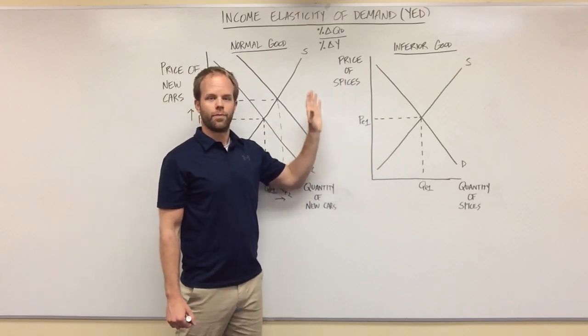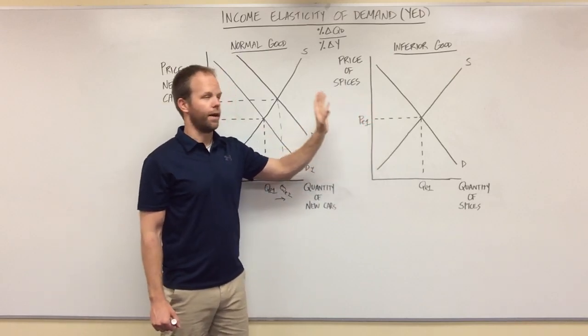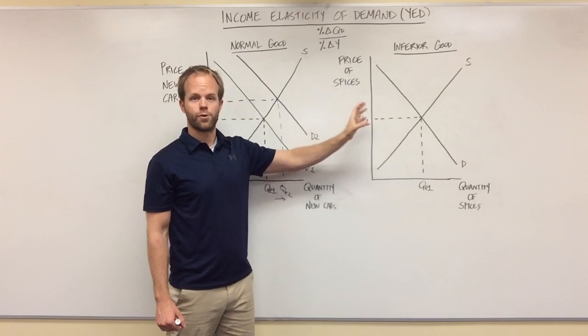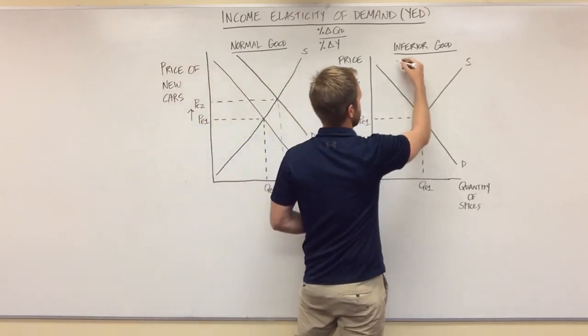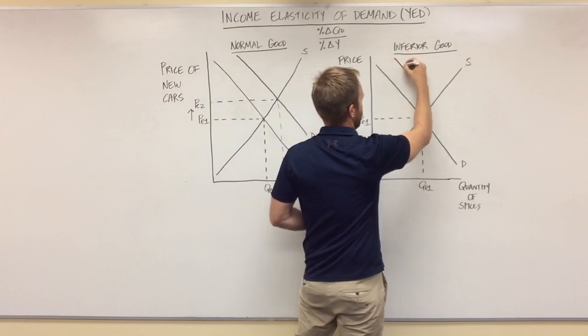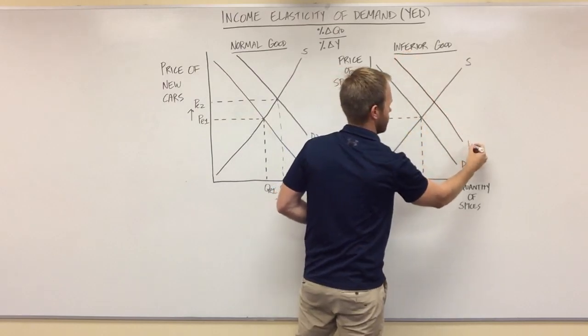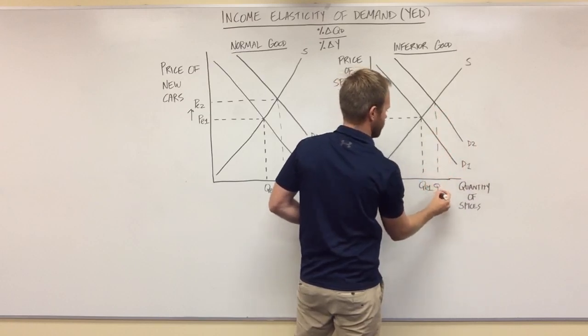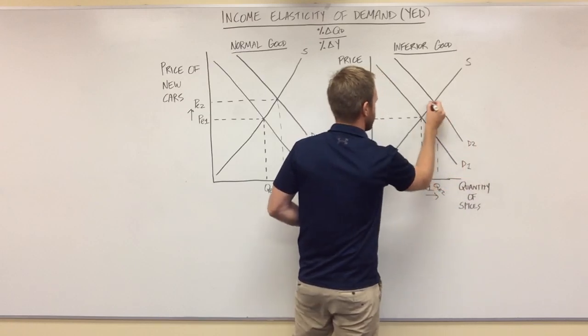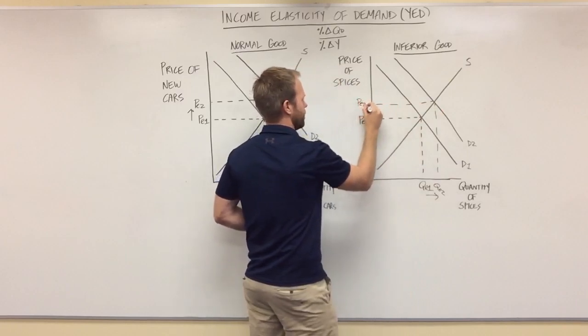But in this case, our incomes have gone down and our consumption of groceries that we can cook at home has increased. And we should know how to do that by now. Increase in the quantity equilibrium as a result of an increase in price.